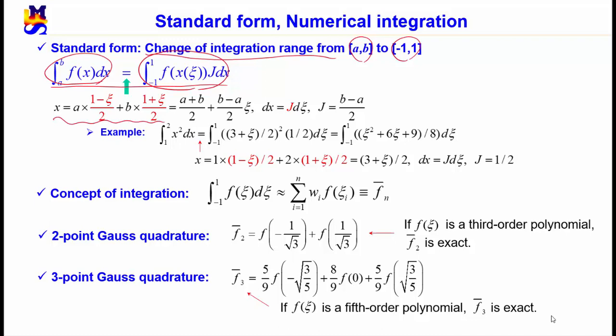It should be noted that the mapping function involves the interpolation function, implying that the interpolation functions are deeply related to transforming a definite integral into standard form of integration. Of course, each element type has its own standard form with integration scheme. In this process, we utilize the most important concepts of finite element analysis.